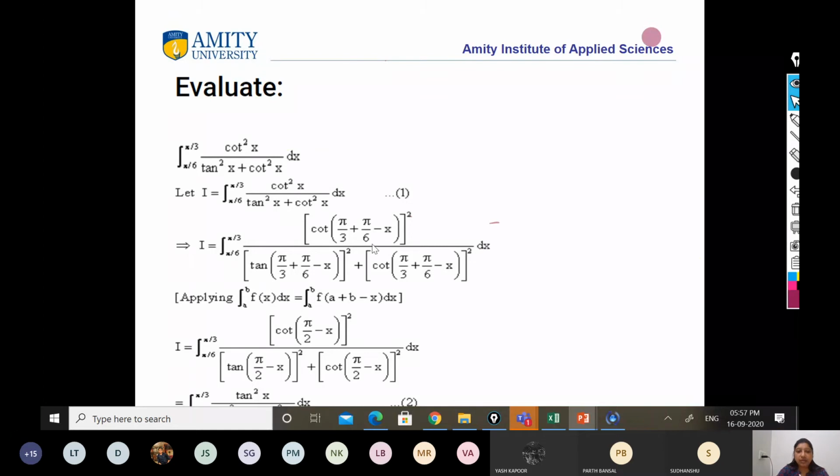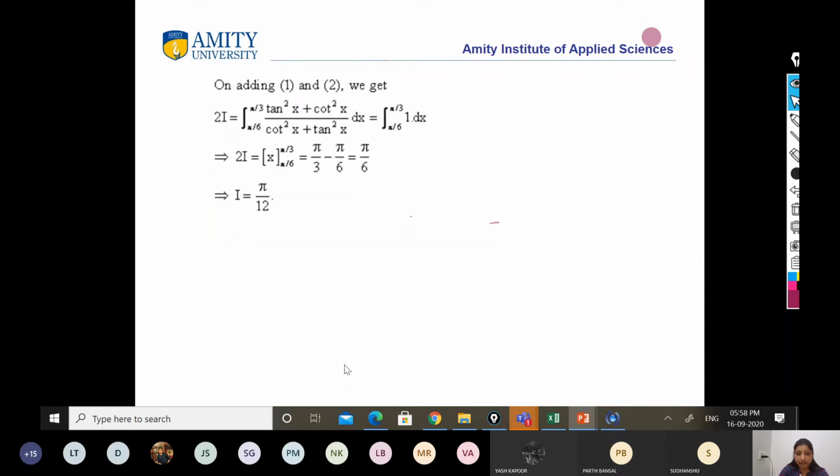Here we are following the property f of (p plus q minus x), since pi by 3 plus pi by 6 will make pi by 2. So we are using that property, which will be easier for us. So pi by 3 plus pi by 6 minus x will become pi by 2 minus x. Using it accordingly and then adding, you will get I is equal to pi by 12. Right?